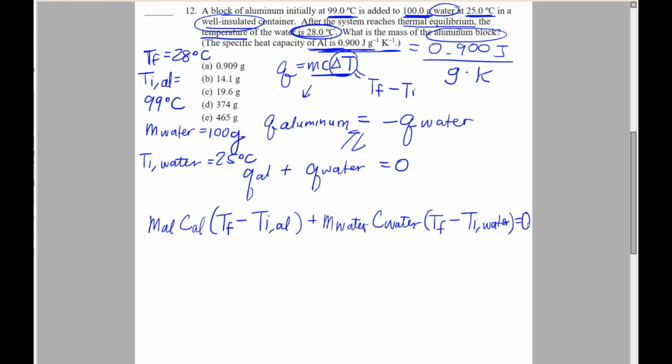So now we can pretty clearly see that our only unknown variable is the mass of the aluminum block. So we can just plug in everything else and then solve for the mass.